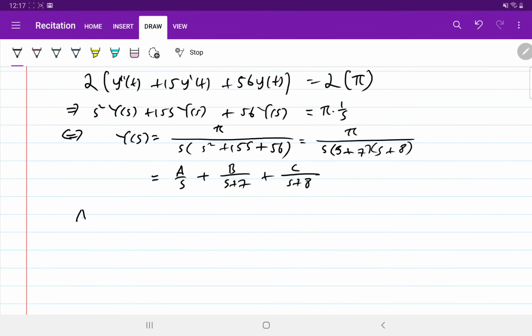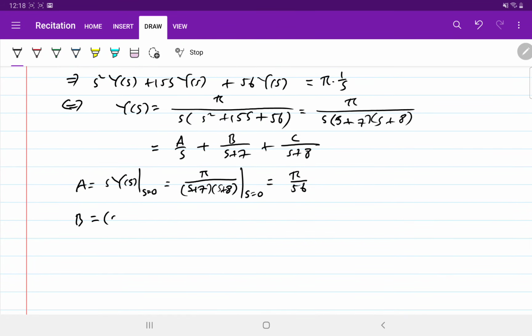To find a, we multiply s with y of s and then substitute s with the root 0. So pi over (s plus 7)(s plus 8), and substituting s equals 0, we have pi over 7 times 8, 56.